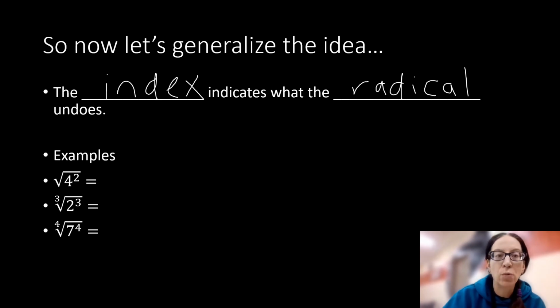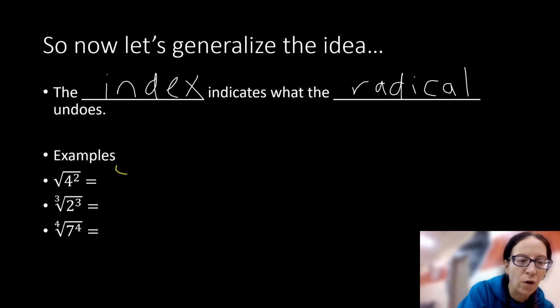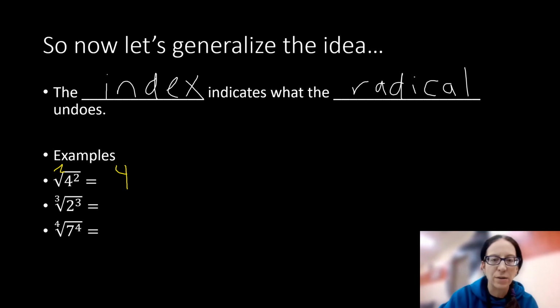Keep in mind, square rooting undoes squaring, so that's going to leave us with a 4. We don't typically write the little index of 2 in there, but there is an implied index of 2. So that is square root undoes squaring.